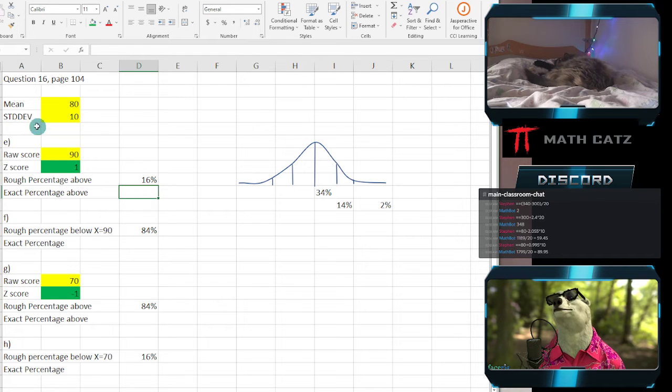So let's just remember in E, what were we looking for? Our z-score was 1, so our line is over here. We're looking for above, but we need to find the exact z-score. Need to find the exact percentage that corresponds to that z-score of 1. The z-score is exact, it's 1. What is the percentage really?